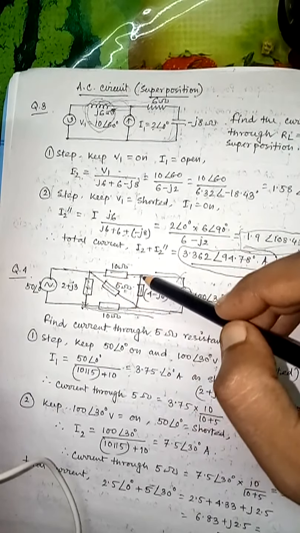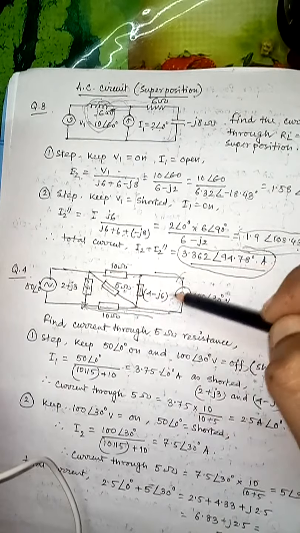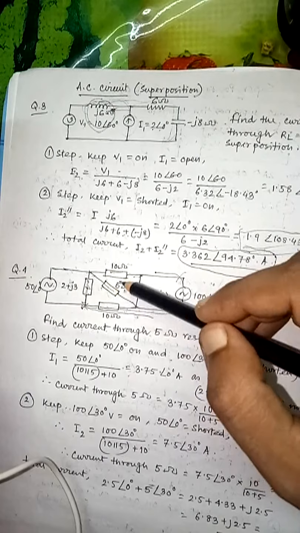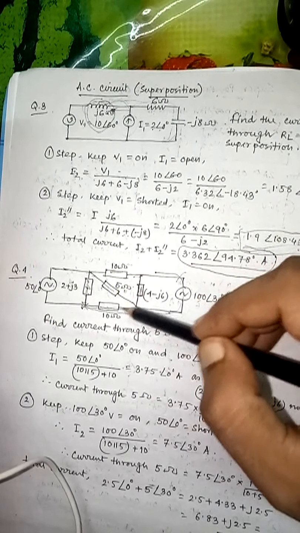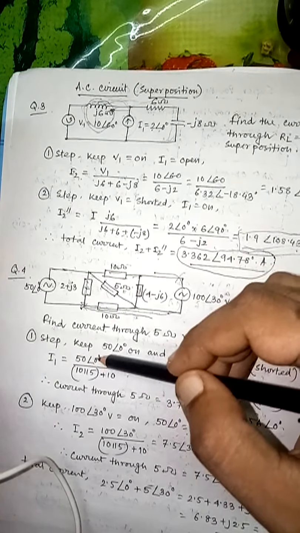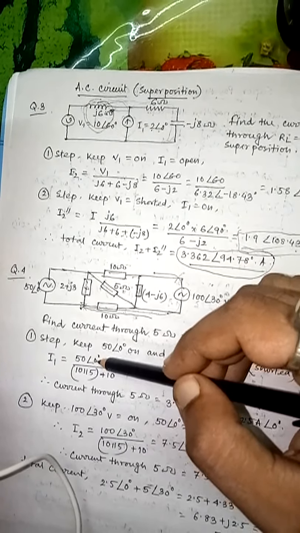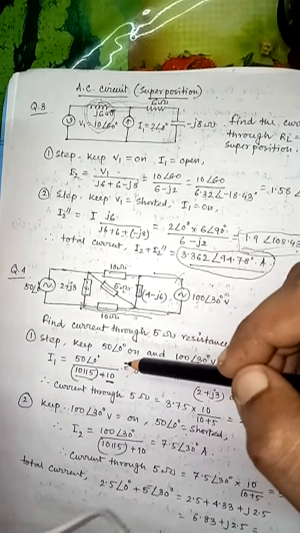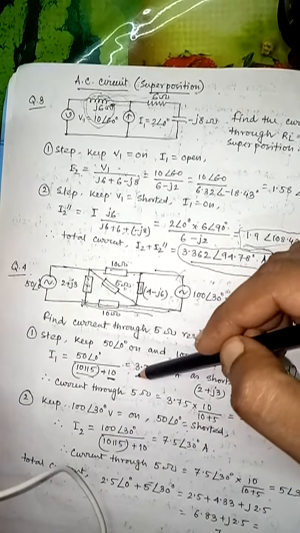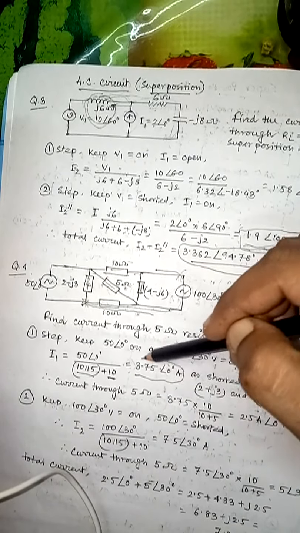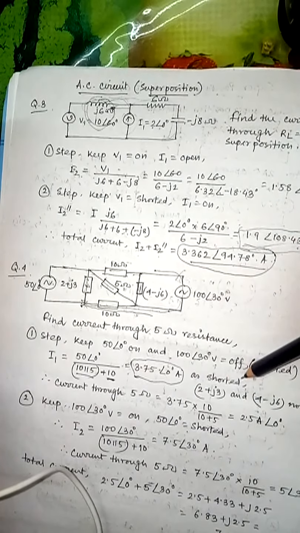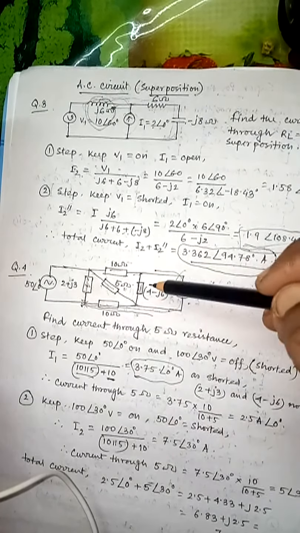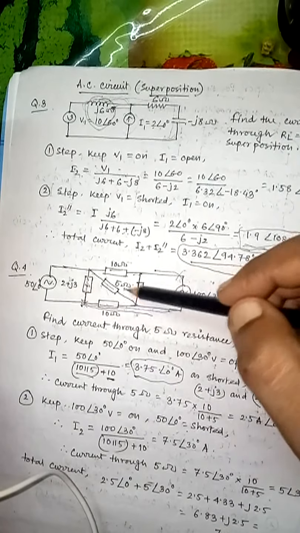Finally, 10 and 5 are parallel to each other and 10 is in series. So I1 is 50 angle 0 over 10 plus 5 parallel with 10, so it finally comes to 3.75 angle 0 degrees. Now when this source is on and the other is shorted, these are of no use.